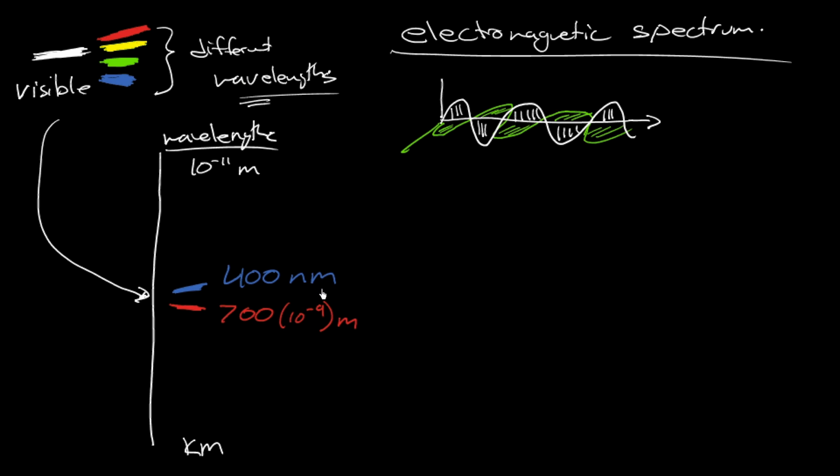Okay, 400 nanometers, 10 to the minus 9 meters. And that's just a tiny little range of this whole spectrum. To show you what I mean, the end of the rainbow is violet, right? What if you go a little bit shorter wavelength than that? You might get to ultraviolet.